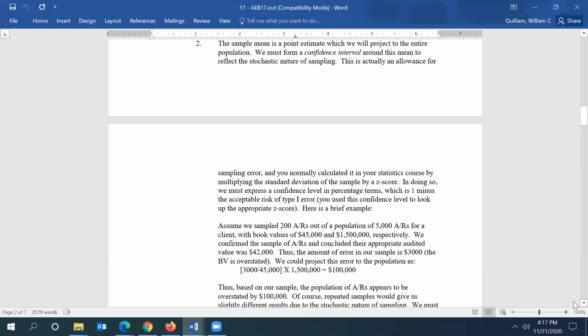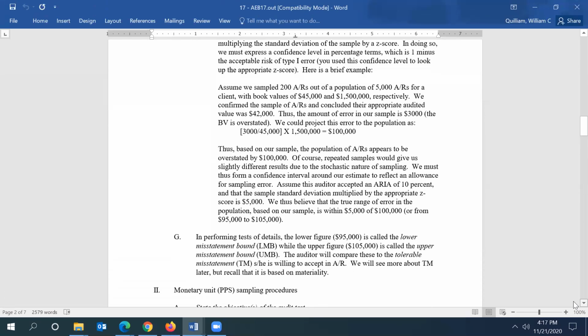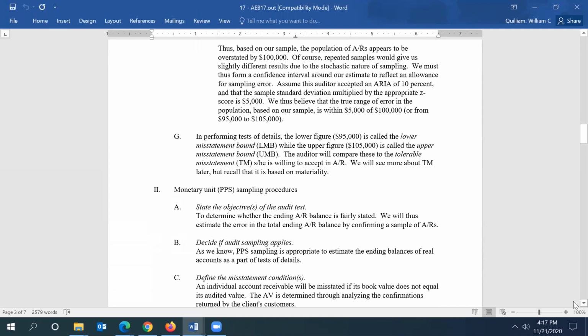That's what 3,000 over 45,000 reduces to. So if we project this 1/15 misstatement to the entire population, we can multiply by the population book value of $1.5 million. We get $100,000 if we do. So thus, based on our sample, the population of accounts receivable appears to be overstated by $100,000.